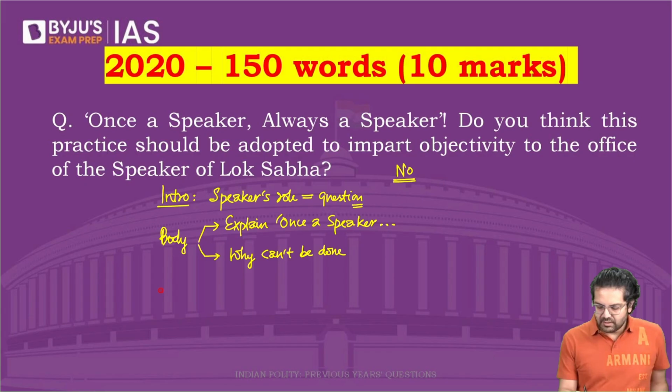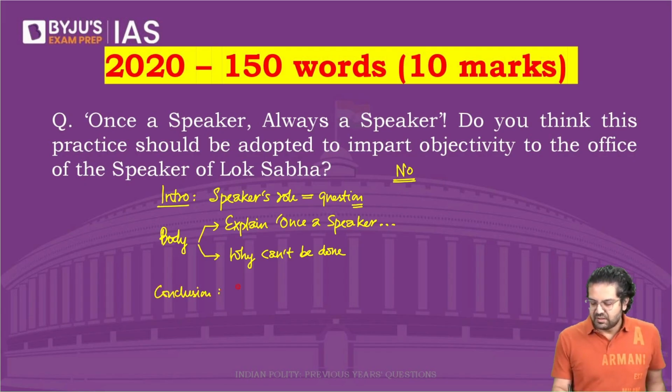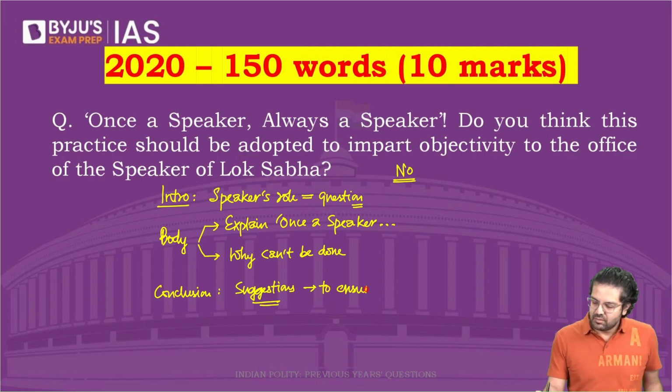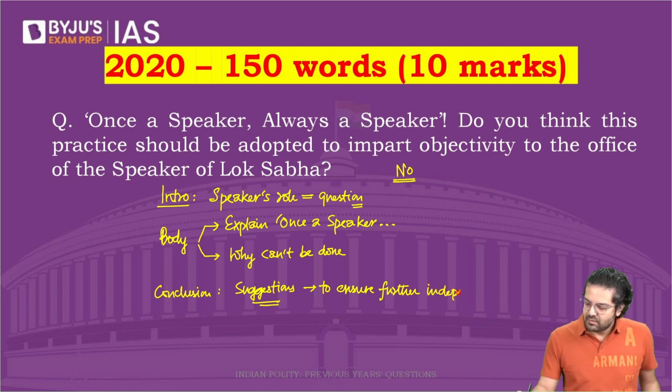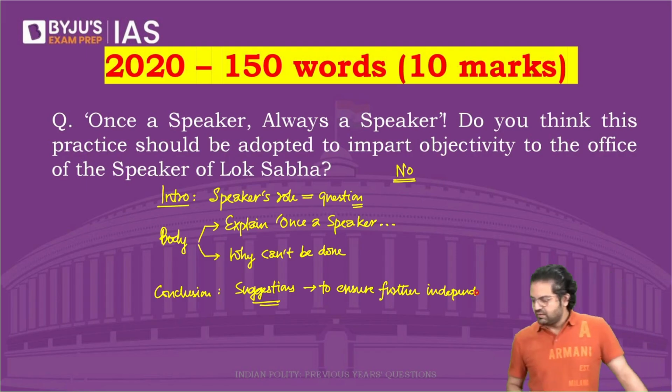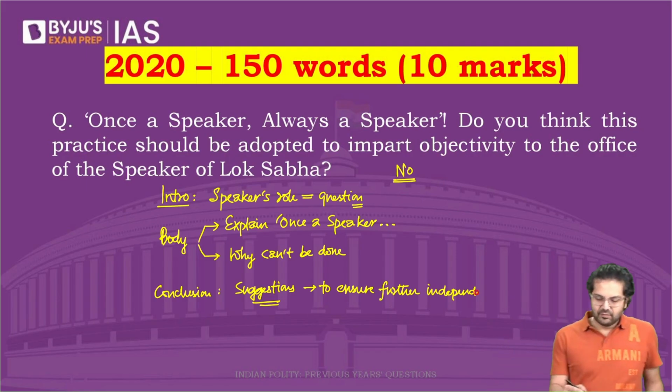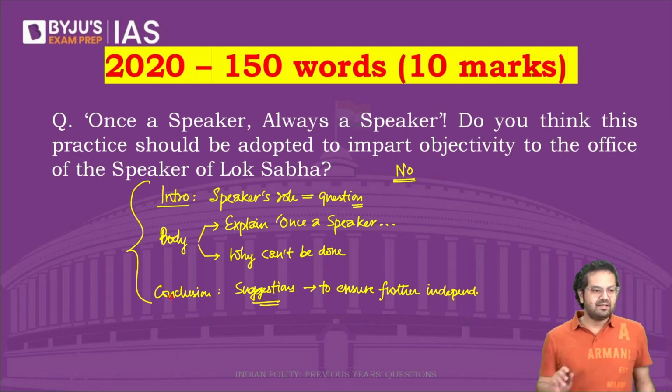And in the conclusion, you can simply say, but if not that, there are other things that can be done to ensure further independence. Clear? So this is how you write the answer.